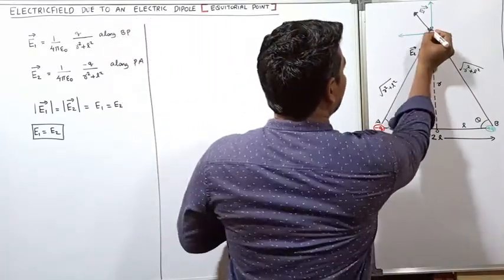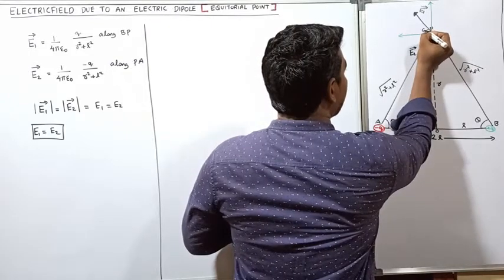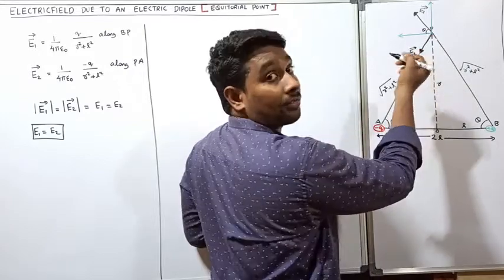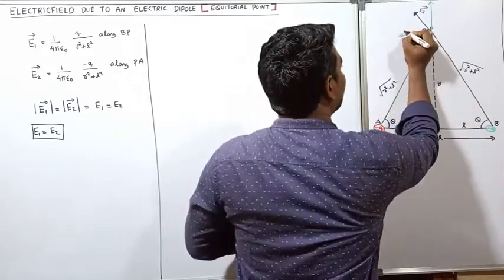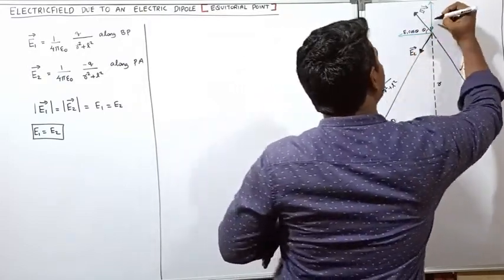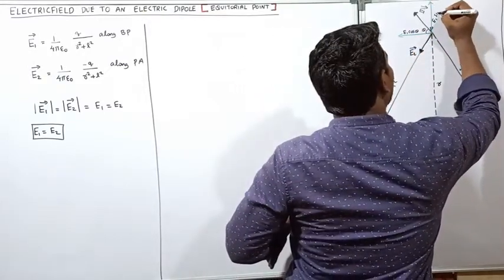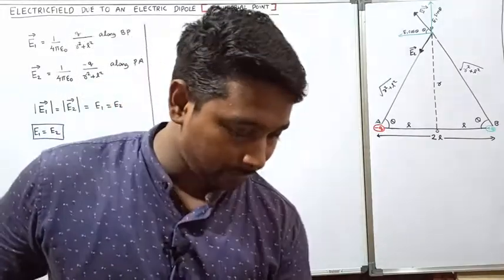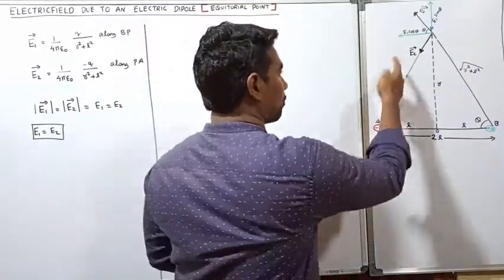Since this is angle theta, what will this be? This one will be the adjacent component, that will be cos theta. That means E1 cos theta, right? And this will be E1 sin theta, right? You have to be careful. Okay, let's consider the resultant of this one.